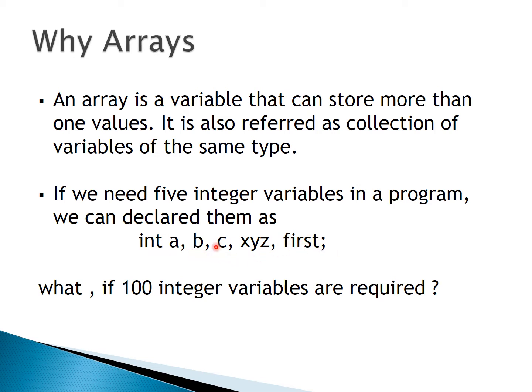But what will happen if we require more than 100 variables, or let's say 10,000 integer variables, or let's say 500 float variables? Then declaring those variables in this fashion will be very difficult. So we need a simple mechanism for that purpose, and that's why we use arrays.